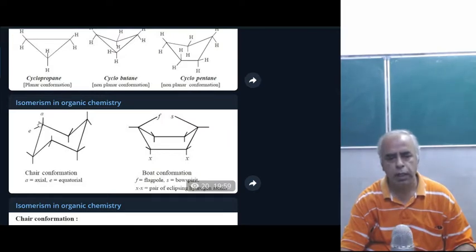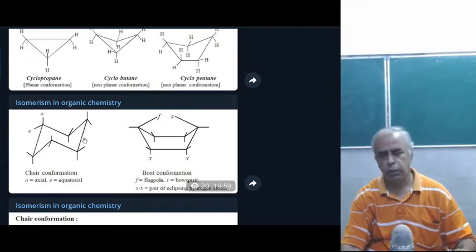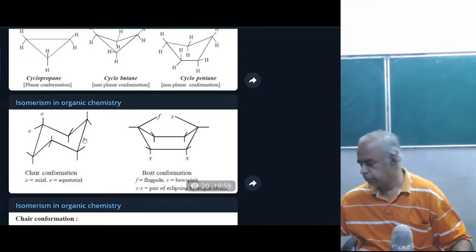For the equatorial bonds, it should be drawn like this: left down, and here up, slightly bent, and similarly in this way, bent upward here and bent downward here. Likewise you can draw the cyclohexane. You have to practice it properly.